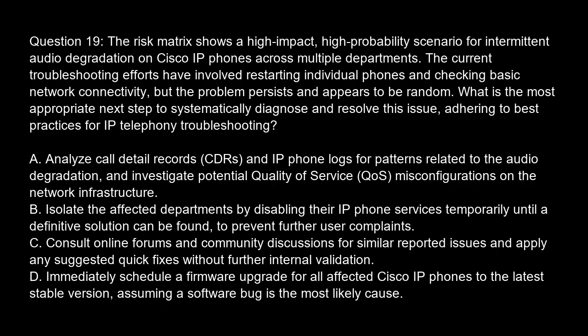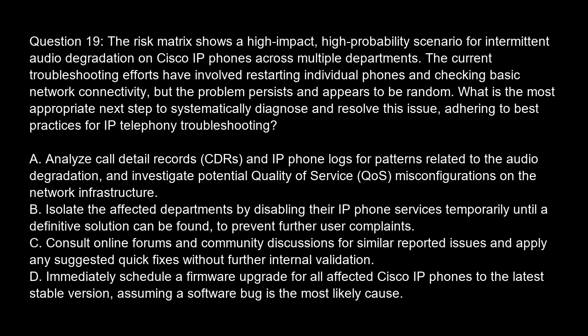Option A. Analyze call detail records, CDR, and IP phone logs for patterns related to the audio degradation, and investigate potential quality of service, QoS, misconfigurations on the network infrastructure. Option B. Isolate the affected departments by disabling their IP phone services temporarily until a definitive solution can be found, to prevent further user complaints.